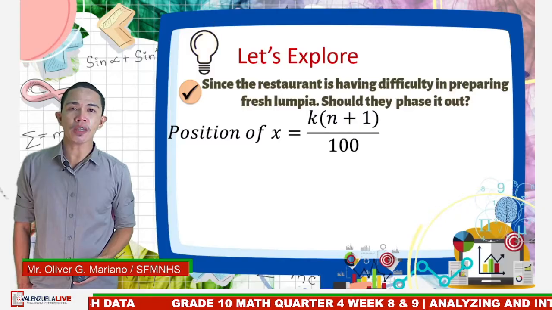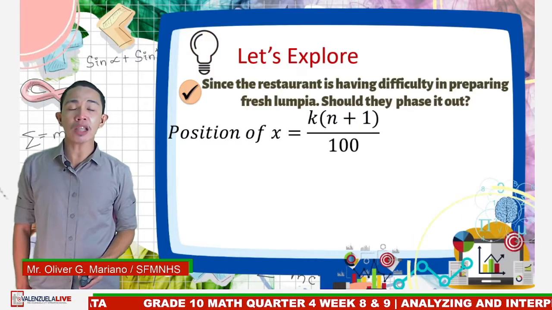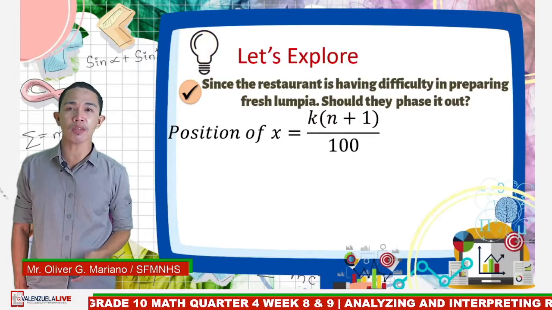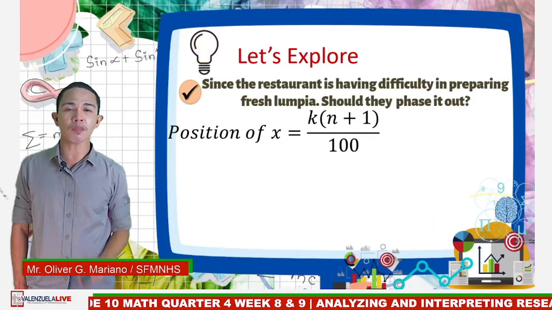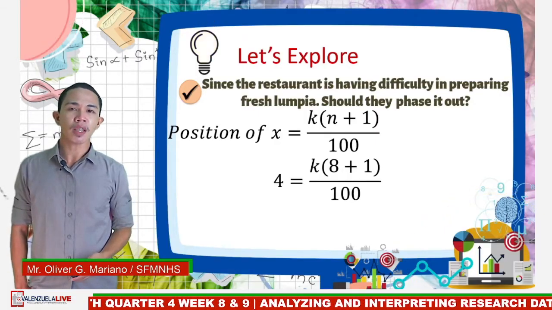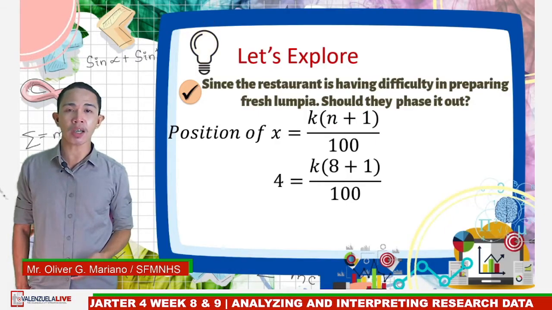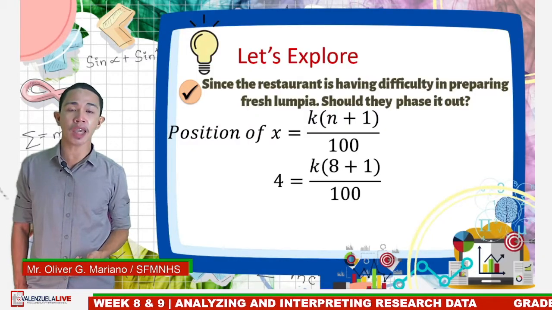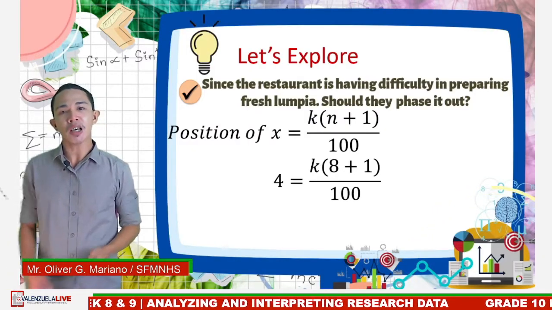To solve for the value of K in this equation, we have the position of X is equal to K times quantity n plus 1 all over 100. Substituting, the position of X is 4, n is 8. So we have 4 is equal to K times quantity 8 plus 1 over 100.